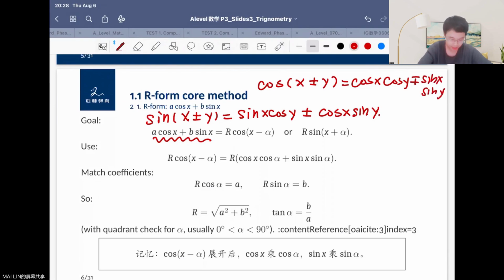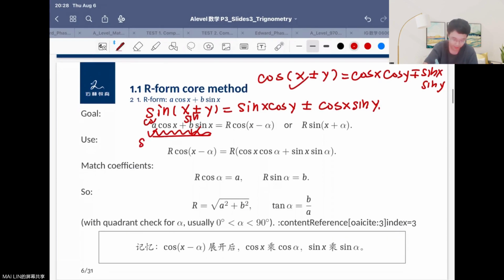Right now, if we have A cosine x plus B sine x, we can turn A and B into a form where one is cosine and the other is sine, and then use the cosine rule or the sine rule.